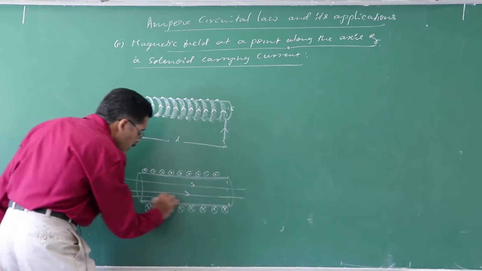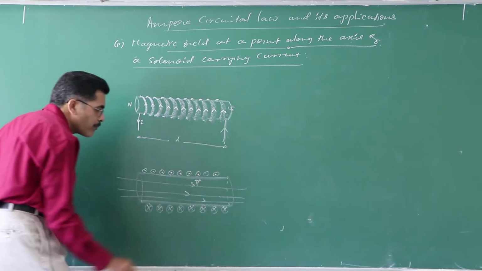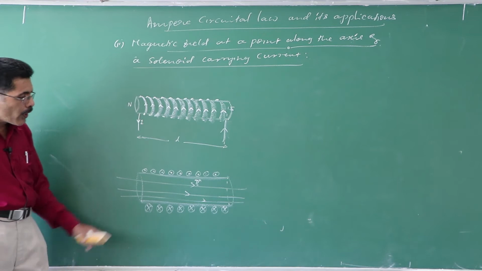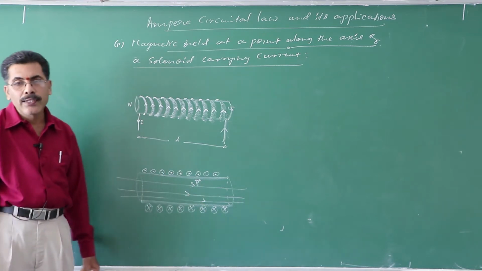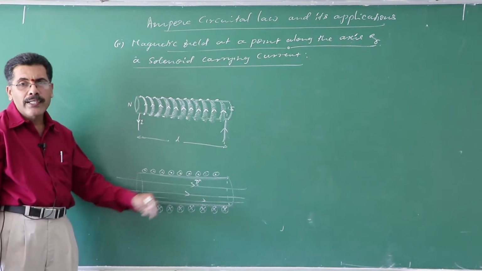This is the direction of the magnetic field. An almost uniform field is produced along the axis of this solenoid. I want to know what the magnetic field inside the solenoid is.